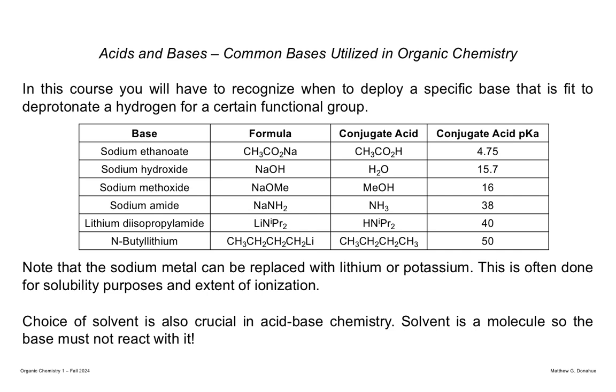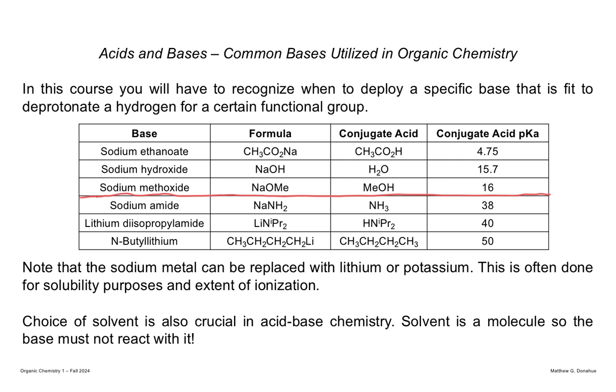So some common bases that are used are shown in this table. And let me draw a line right here. And I drew that line because if you notice in the last column, there's a big jump in the conjugate acid pKa.